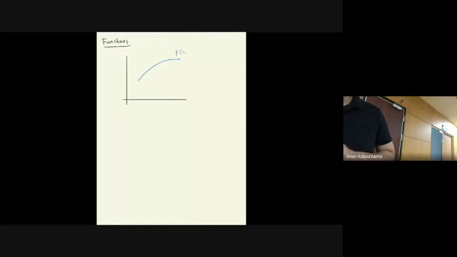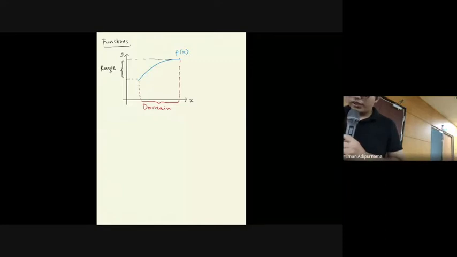So if this is f of x, this is the x-axis, y-axis. This part is the domain. This part is the range. Actually, there are some definitions, but I don't think you need to remember them.